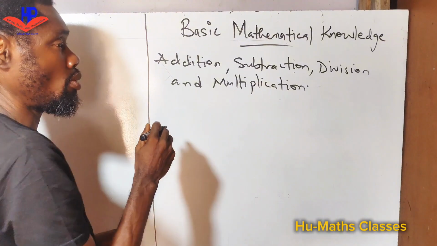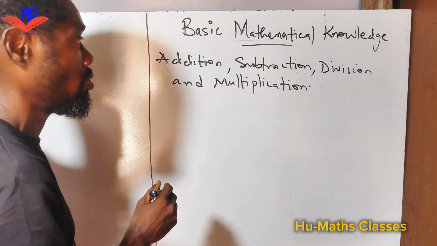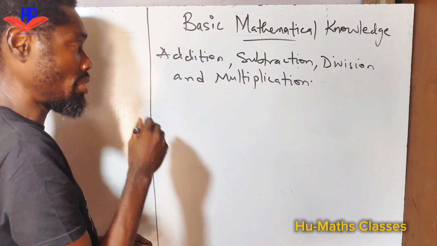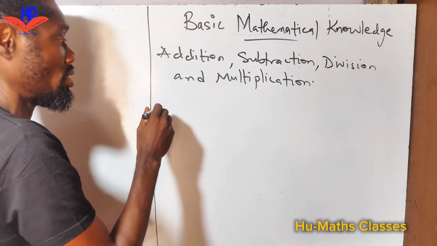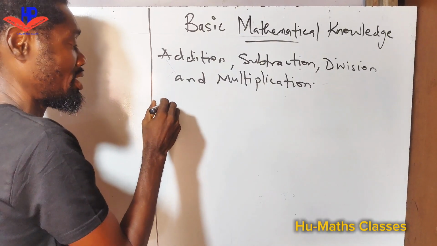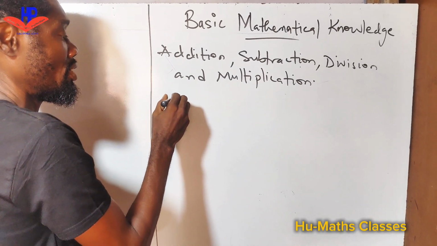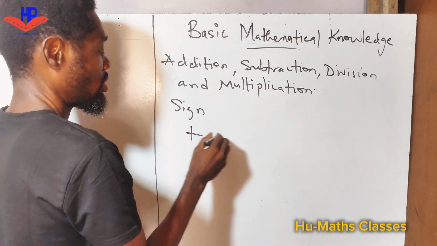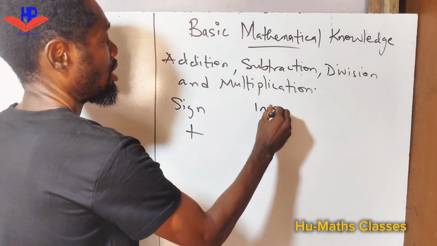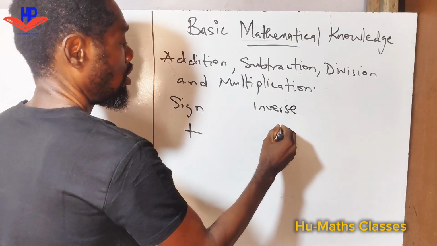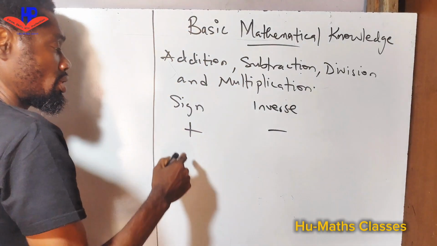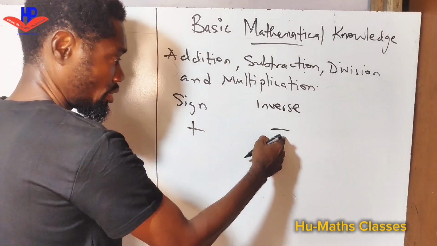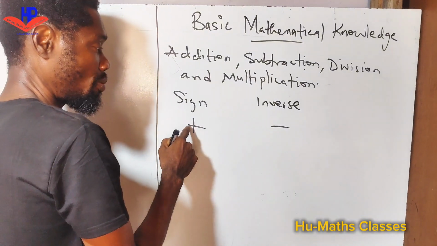So what I wish that you should know, which I qualify as the basic mathematical operations, is that you should understand that the sign plus has the inverse of minus. So the opposite of plus is minus.